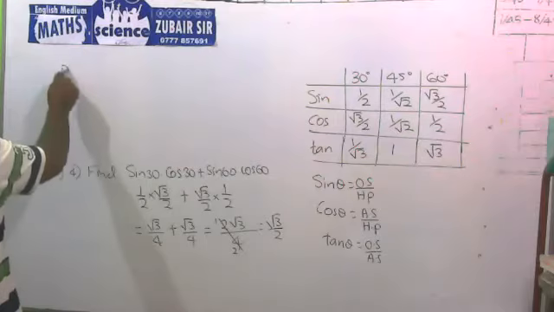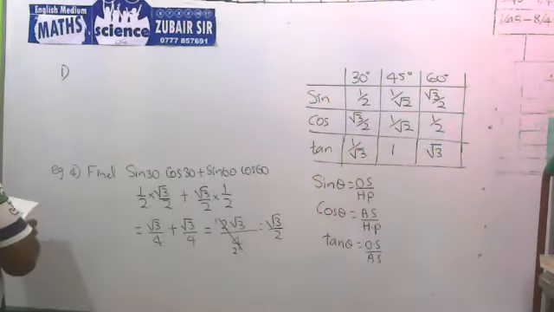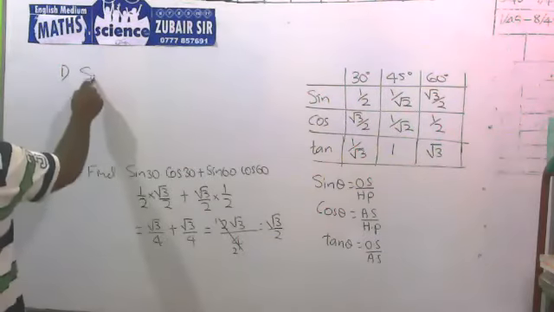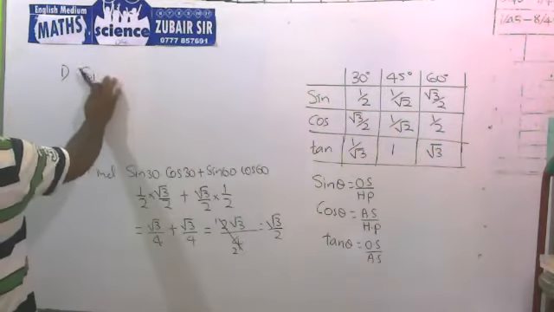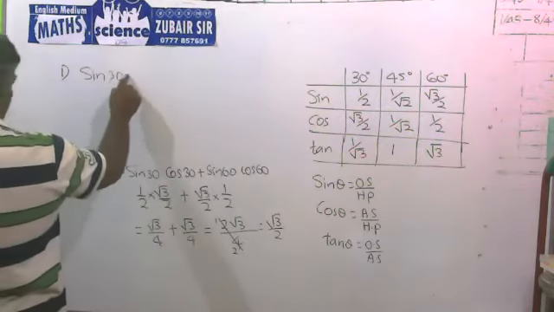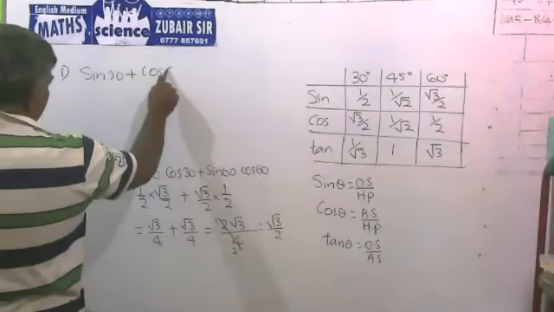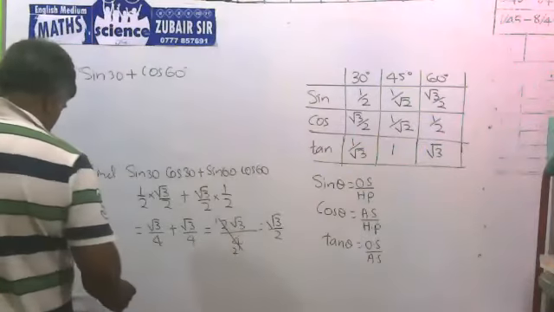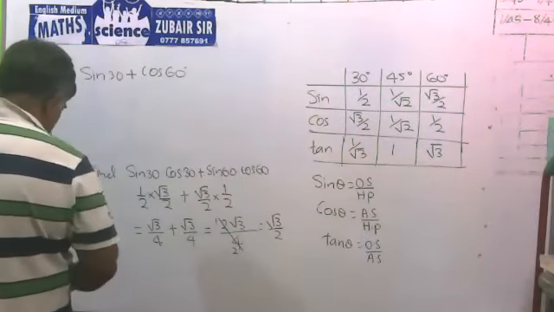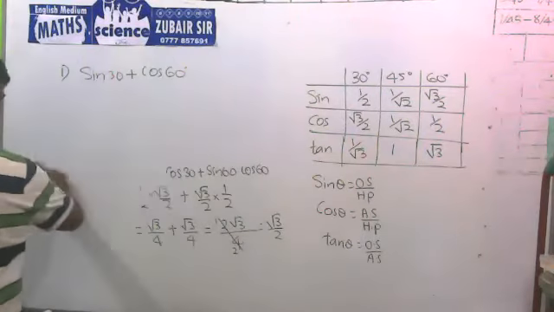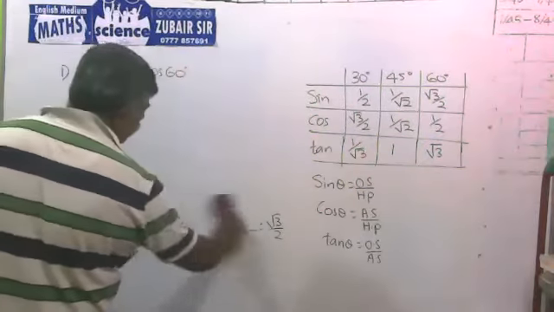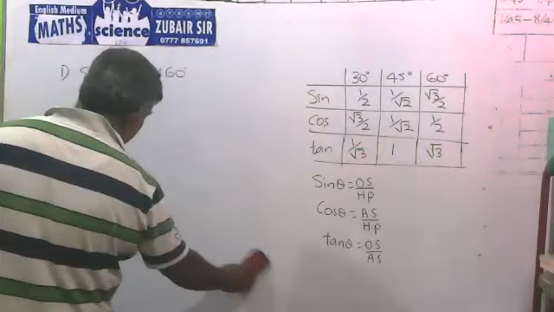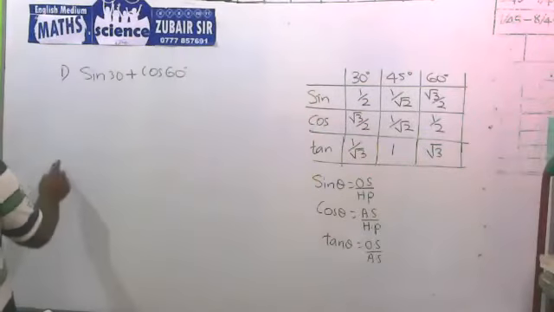Then find this by yourself. Sin 30 plus cos 60.